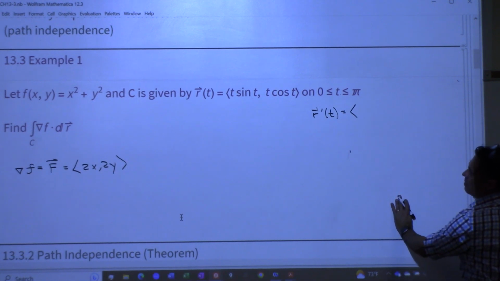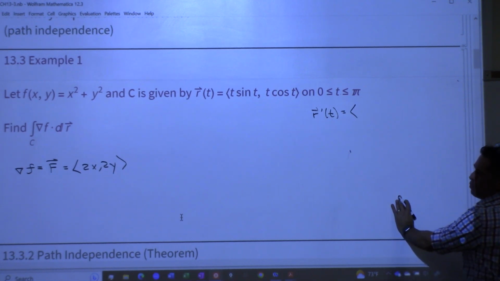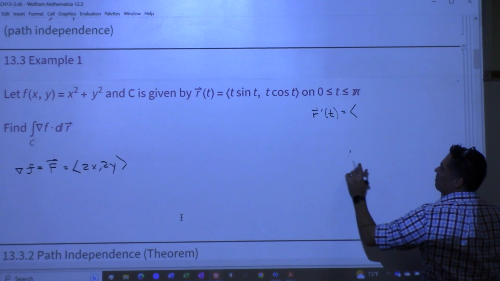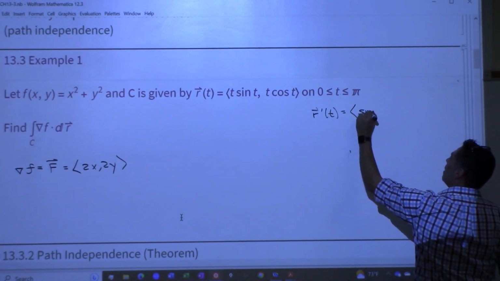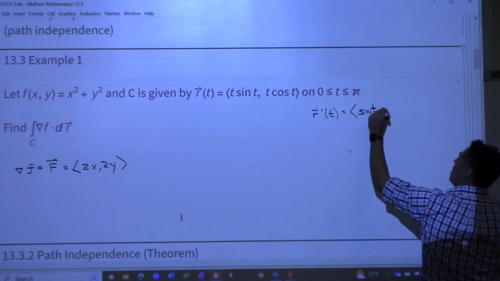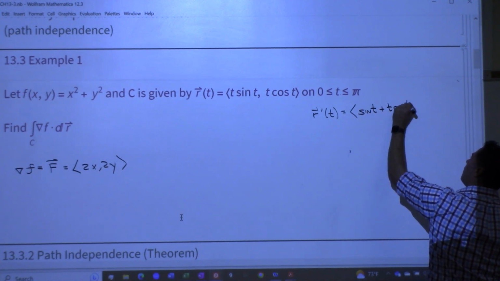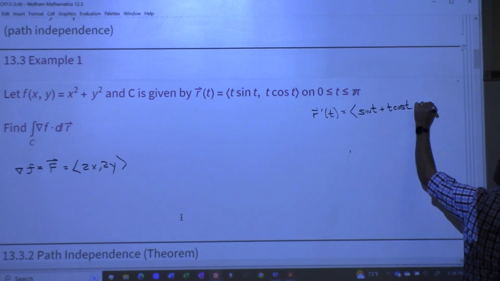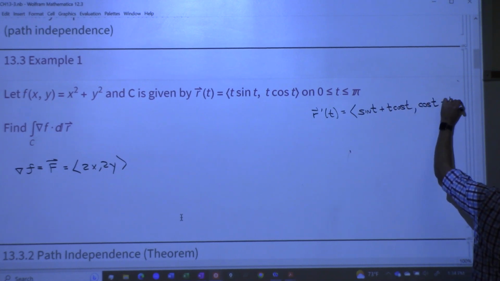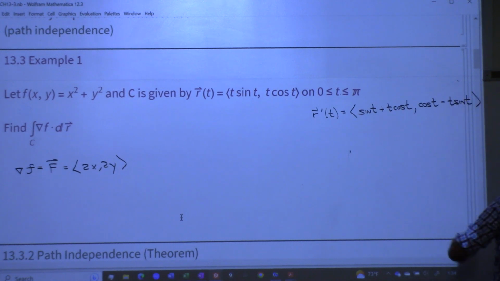That derivative kind of sucks a little bit, doesn't it? It's just product rule, but it's not that bad, but it's not that great either. So derivative of that is going to be sine t plus t cosine t. And then the derivative of the second component is going to be cosine t minus t sine t. All right, that's my derivative.